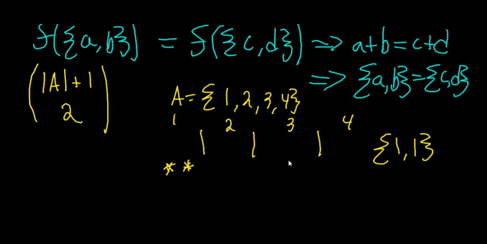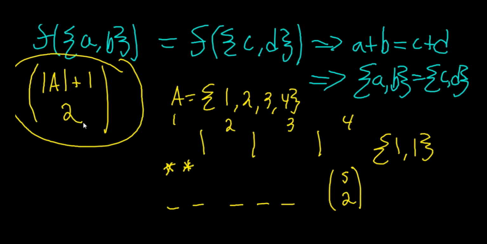Notice that there are 5 positions here, and so the number of ways to arrange 2 stars among 3 bars is completely dictated by how many ways we can place 2 stars in 5 positions. And that is counted by 5 choose 2. This is a quick sketch of why this is the number of multi-subsets of size 2 of elements of A.